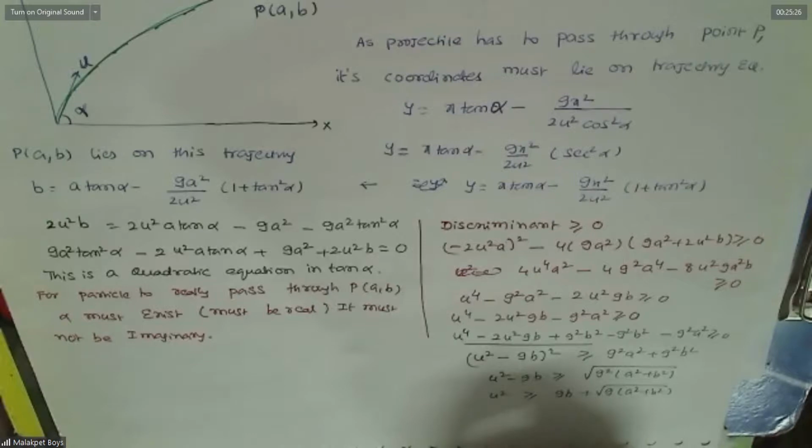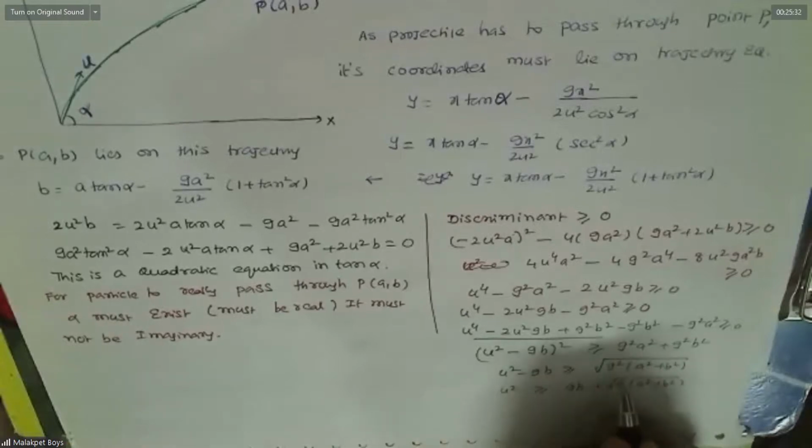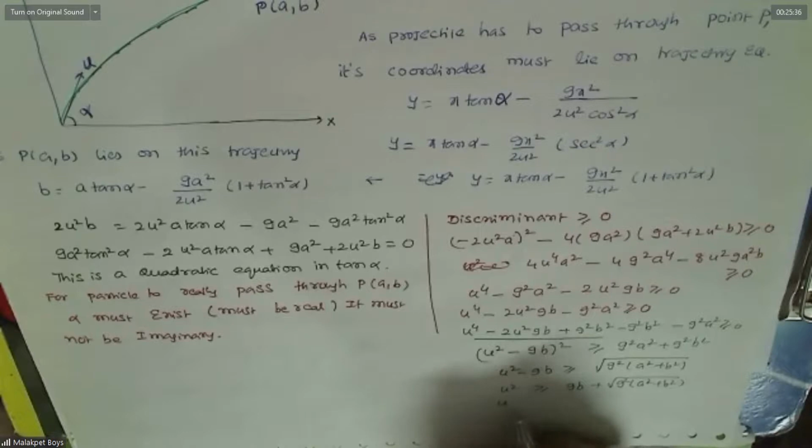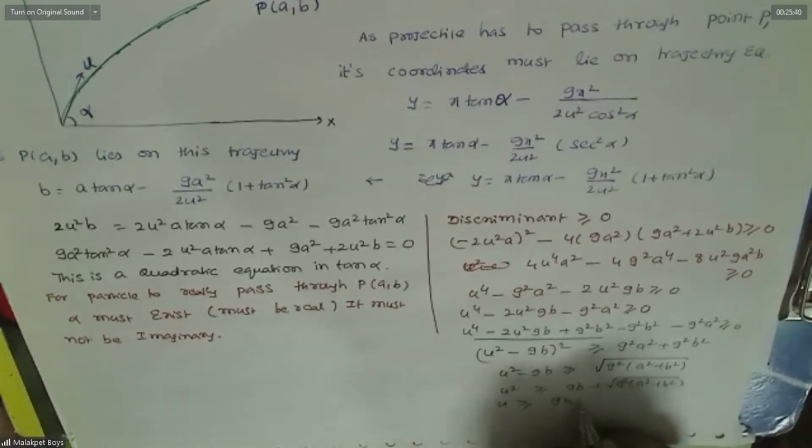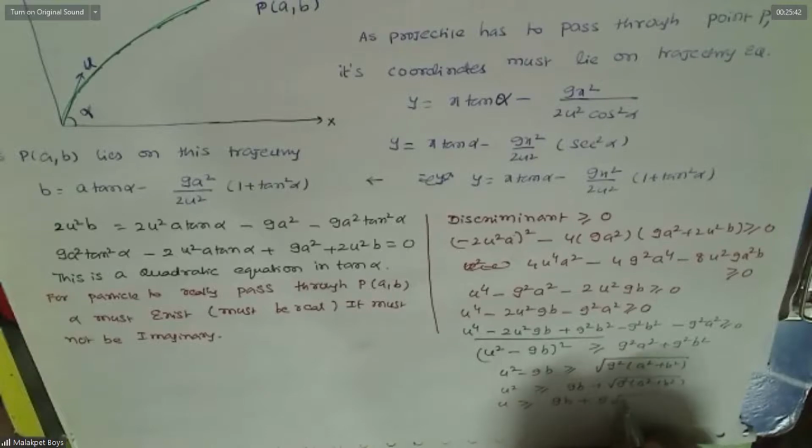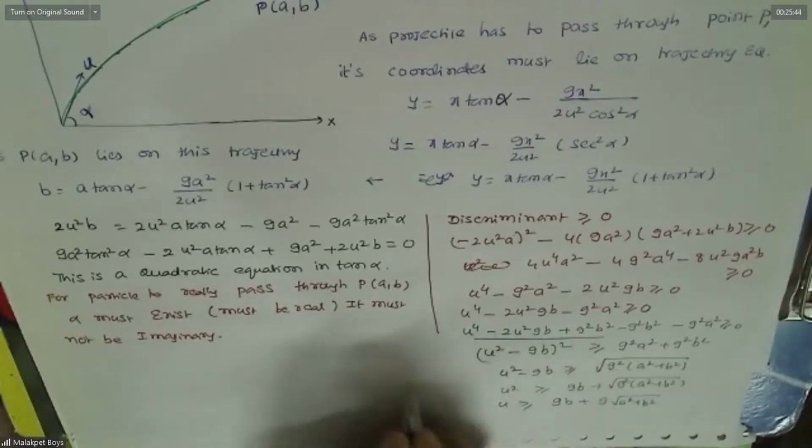Yes, sir. So u is greater than or equal to gb plus g root over a square plus b square.